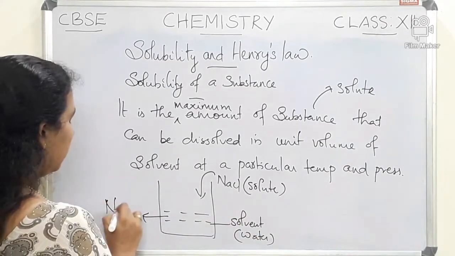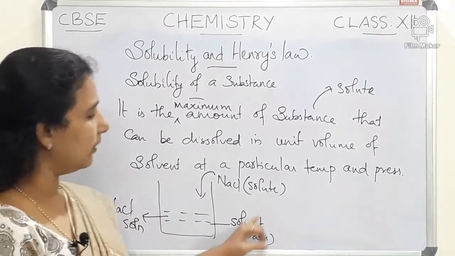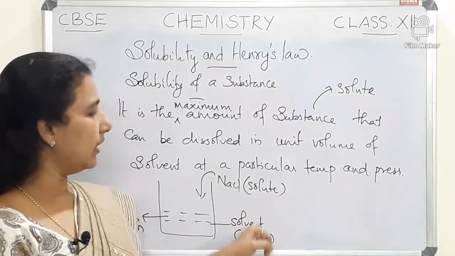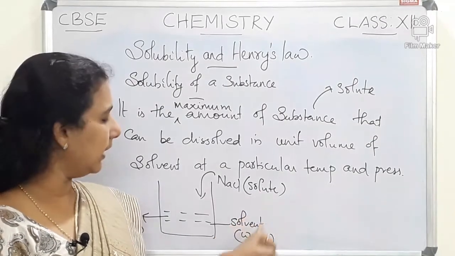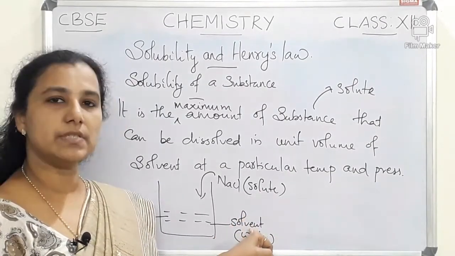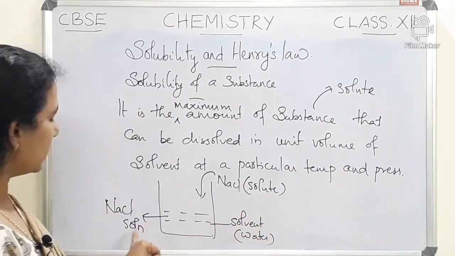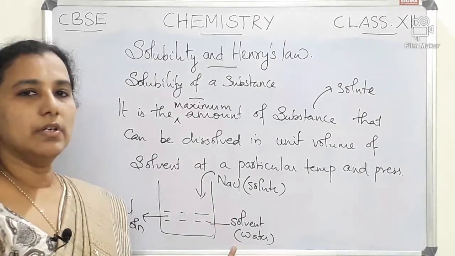In a solution there are two components, solute and solvent. Solute is the component present in the smaller amount, and solvent is the component present in the larger amount. These are the two components in a solution.